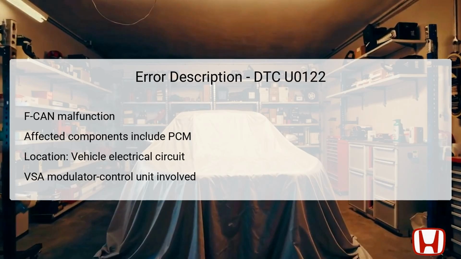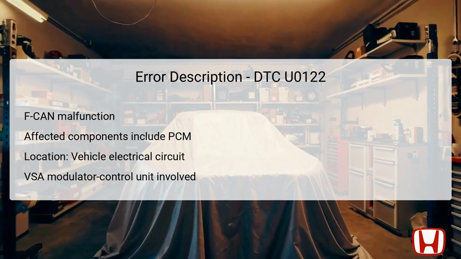The PCM is located near the engine compartment and plays a critical role in managing engine operations and overall vehicle performance. The VSA Modulator Control Unit, positioned in the automotive structure, is essential for stability functions, helping to improve traction and control during varying driving conditions.